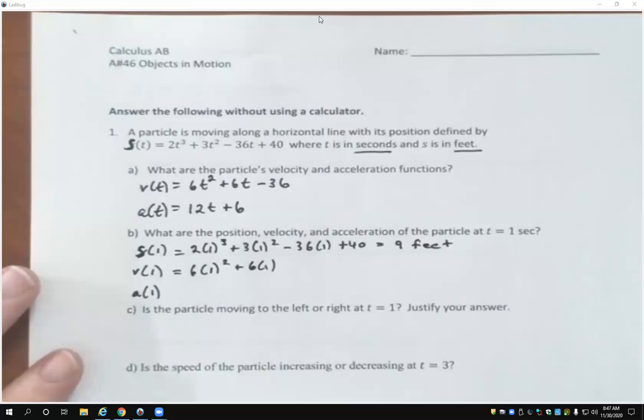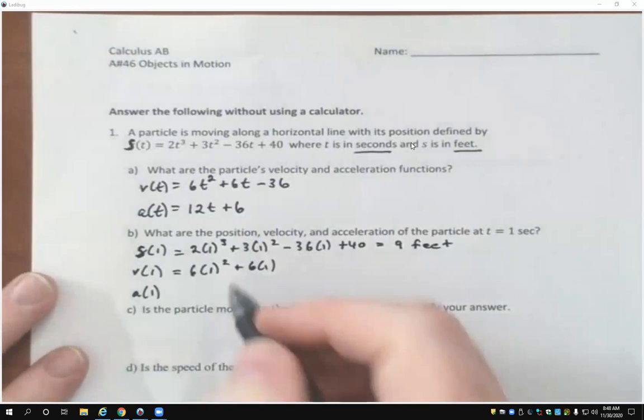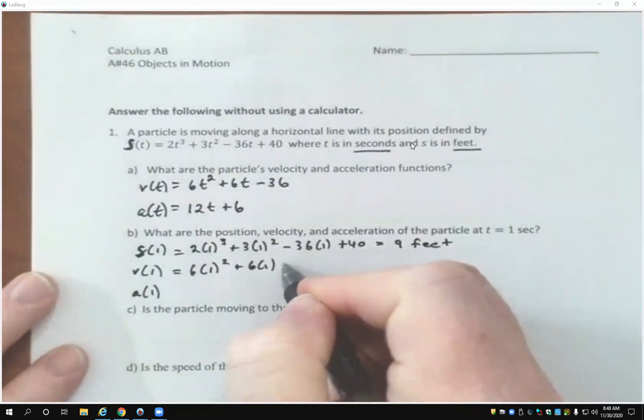Give me 1 second here, guys. Oh, I think we're good. Oh, wrong button. Okay. And what was this? Minus 36.